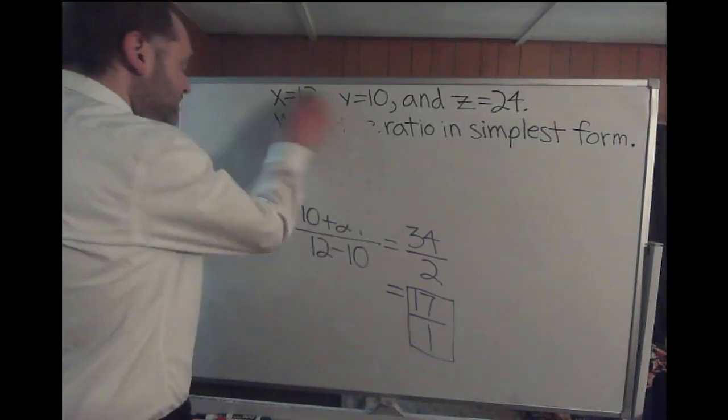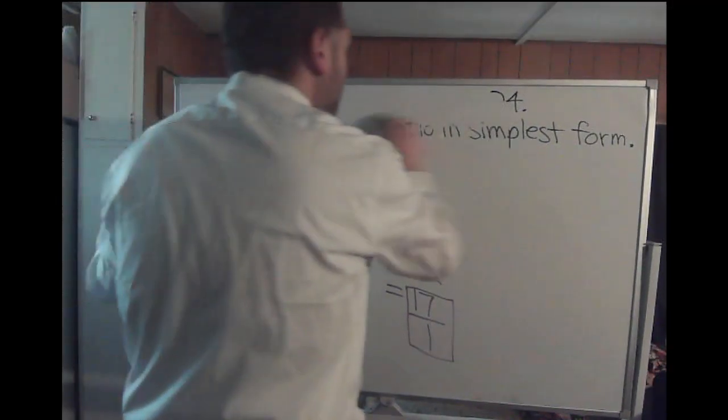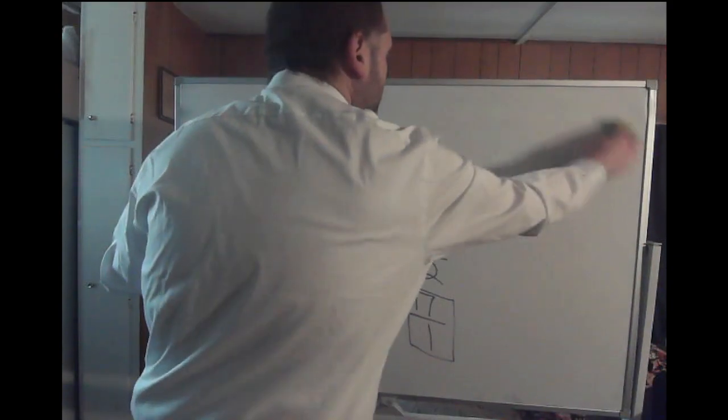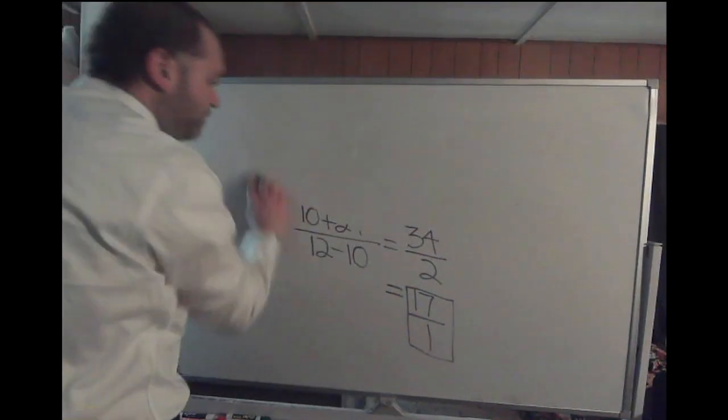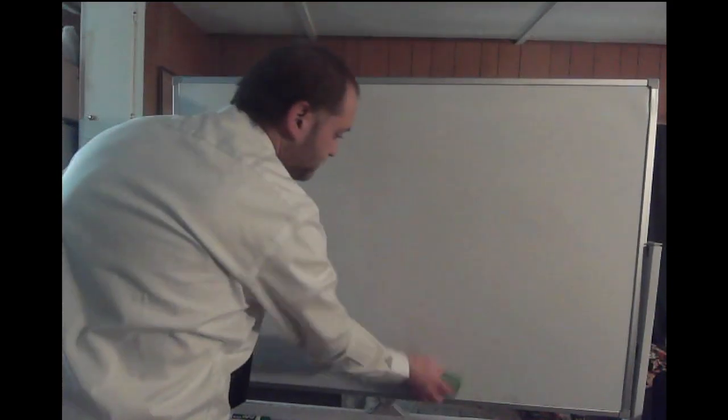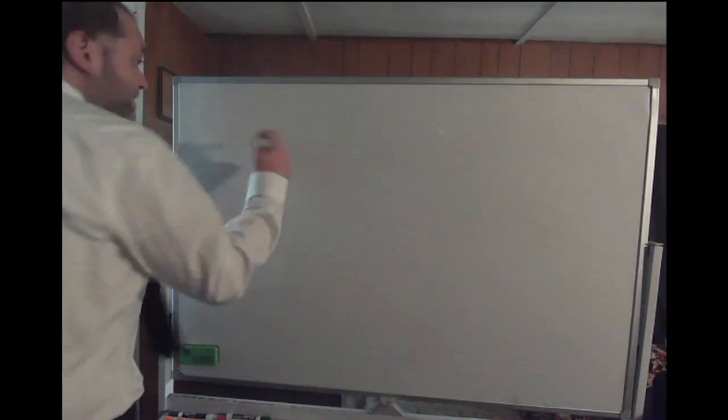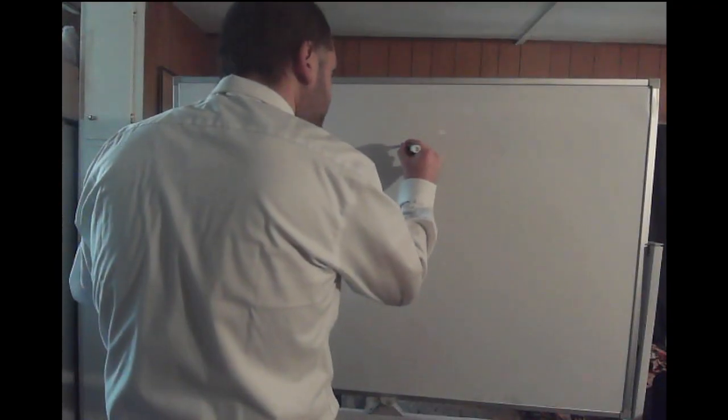All right, let's do a few geometric examples here. Let's tie this into geometry a little bit, which is really why you're here. Okay, so let's draw a nice parallelogram here.